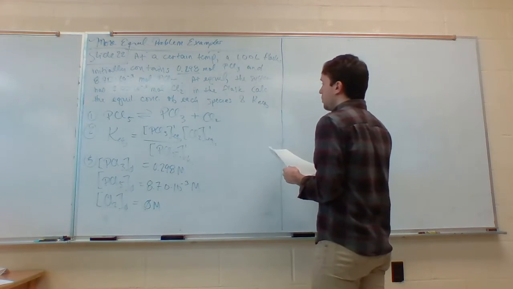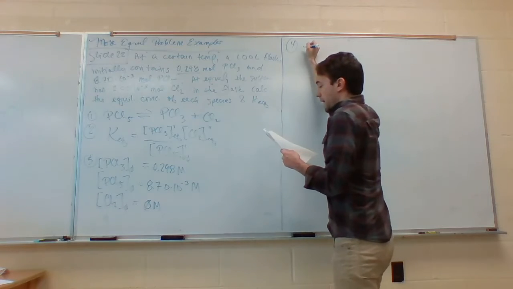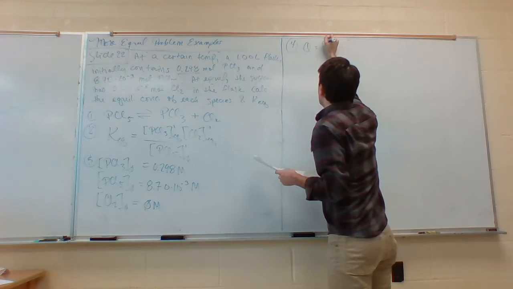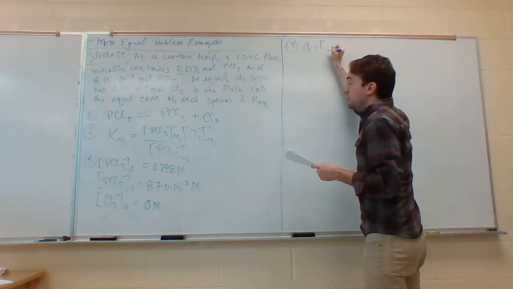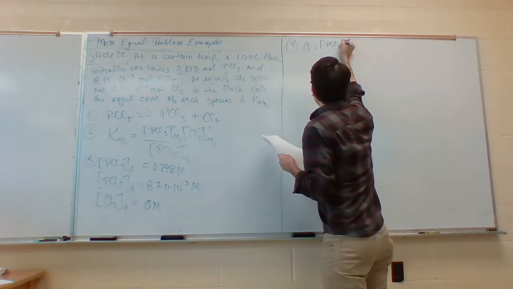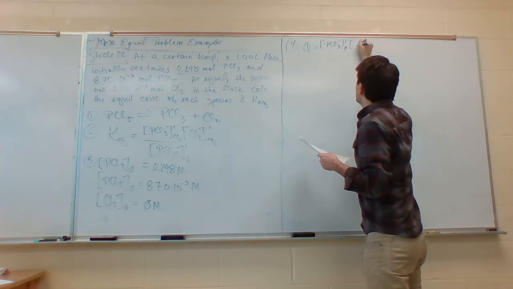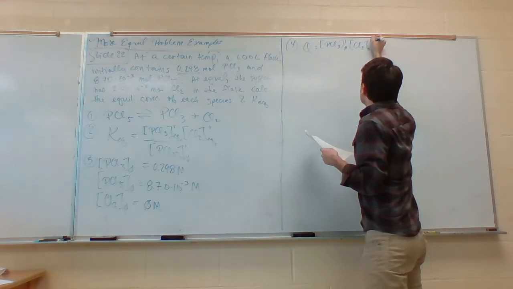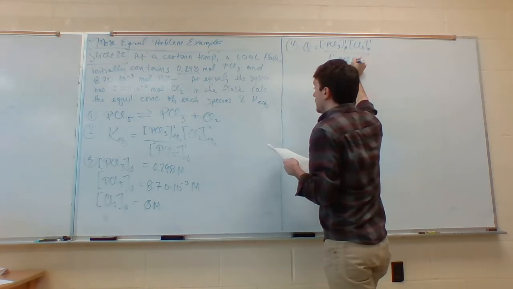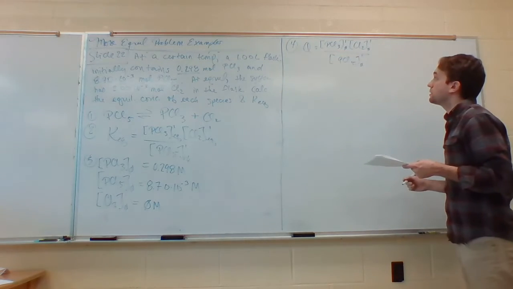Now, step 4, right, was to determine Q, okay? If we were to determine Q, we would take this and we'd say, okay, well, I need my concentration of PCl3 to the first initially, right, because we're using initial concentrations, Cl2 initially to the first, all over my concentration of PCl5 initially to the first, okay?